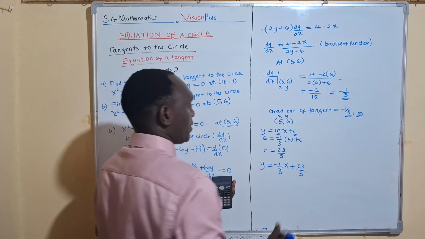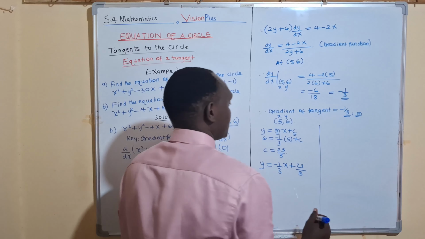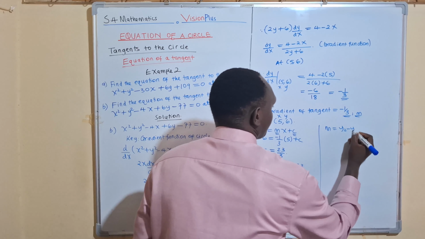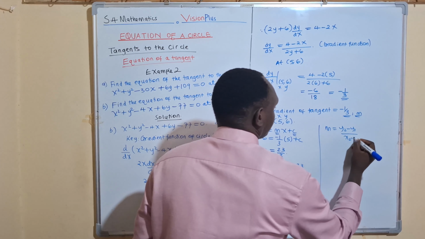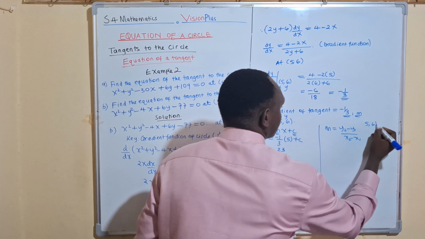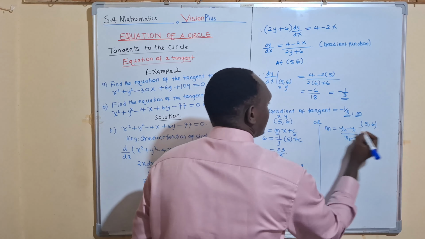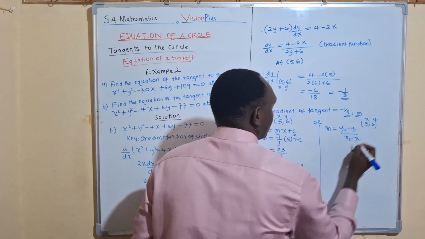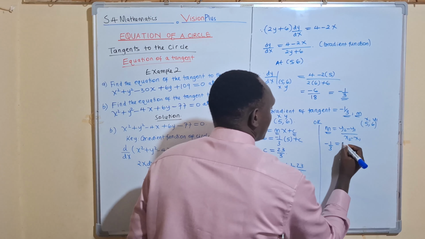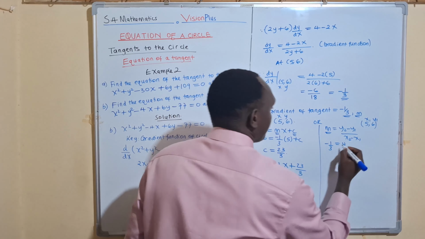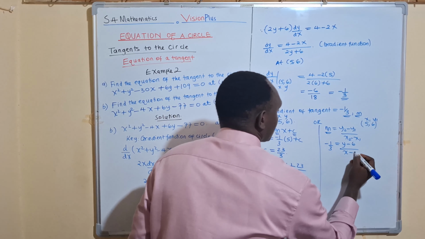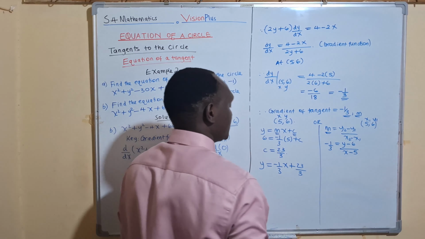That is method 1. Or you can use the method that I started with, that gradient m is given by change in y over change in x. And we use the same point, which is (5, 6). This is the alternative. This is x1, this is y1. What is our m? This -1/3 equals (y minus y1) over (x minus x1), which is (y minus 6) out of (x minus 5). Then you make y the subject of the formula.